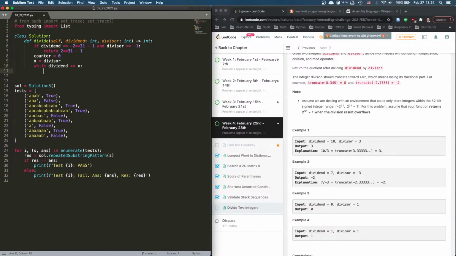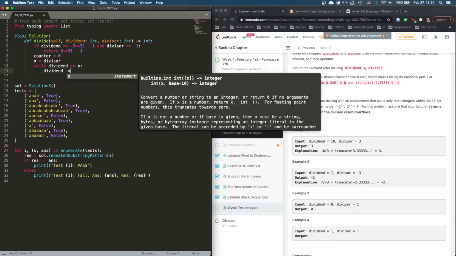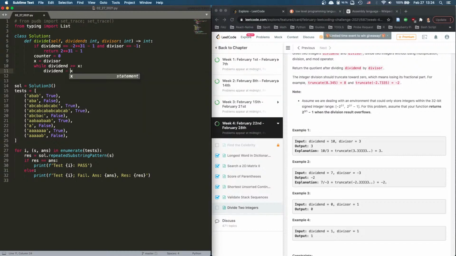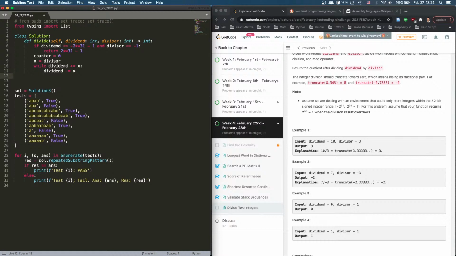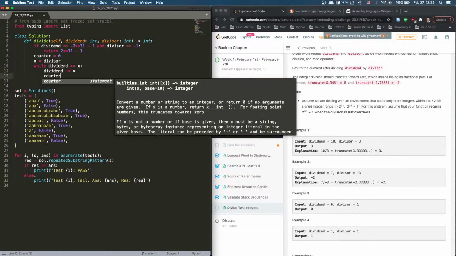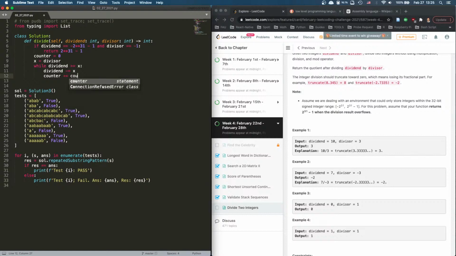So while it's larger than x, we do dividend minus equals x, and then we do counter plus equals counter.